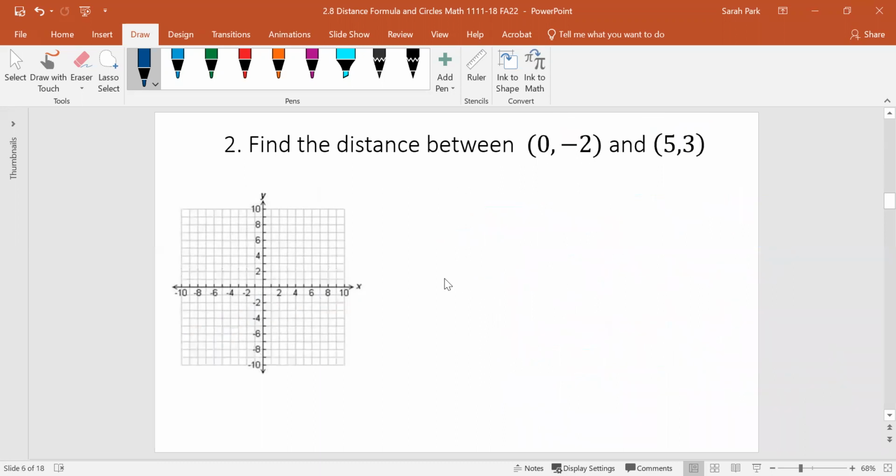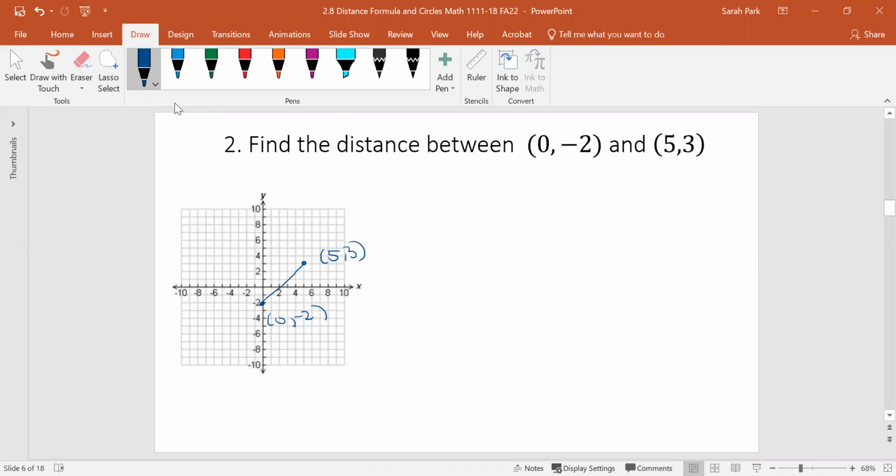Okay, we're going to try a different problem. One more. Find the distance between 0, -2 and 5, 3. Okay, find the distance between these two points.